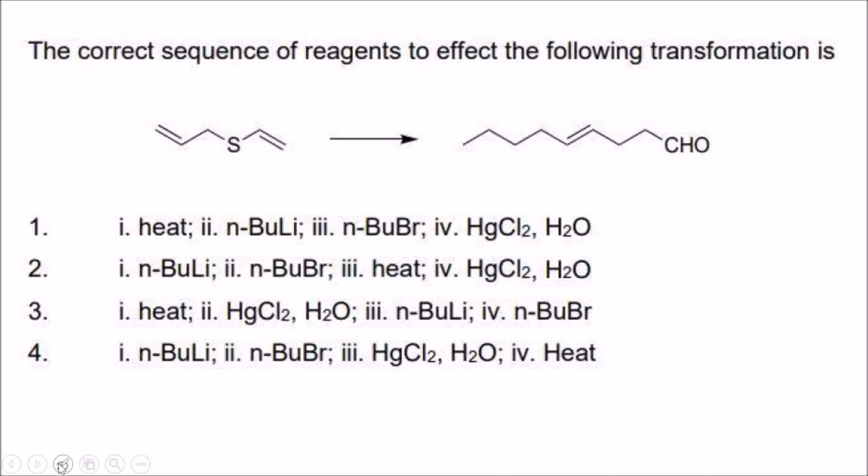So the correct answer is first butyl lithium, then butyl bromide, then heat, and then mercury. The correct answer here is option 2.